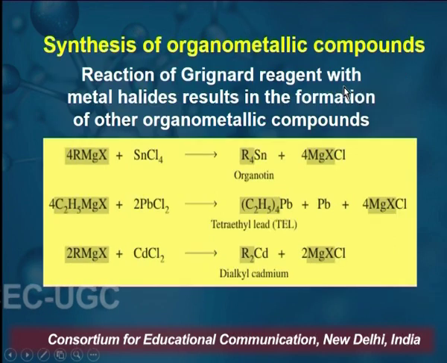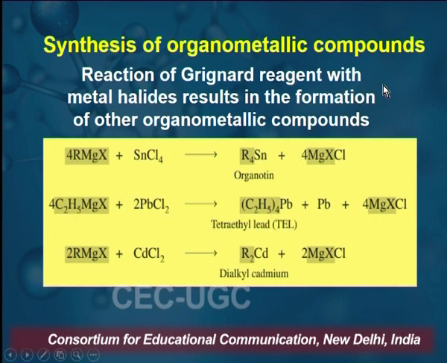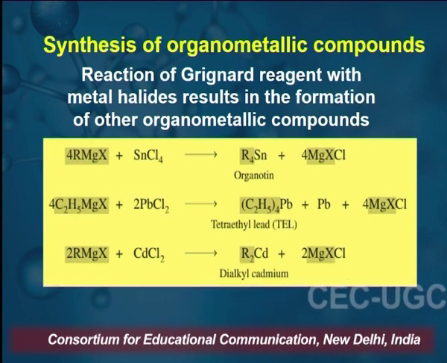Next is synthesis of organometallic compounds. Reaction of Grignard reagent with metal halides results in the formation of other organometallic compounds, where we have tin tetrachloride which forms the organotin, and on reaction with lead chloride it results in the formation of TEL, which is a very popular compound in the petroleum industry to be added.